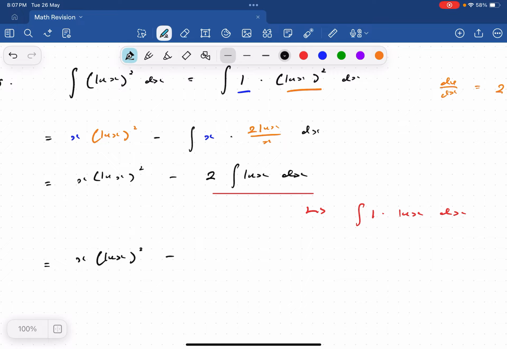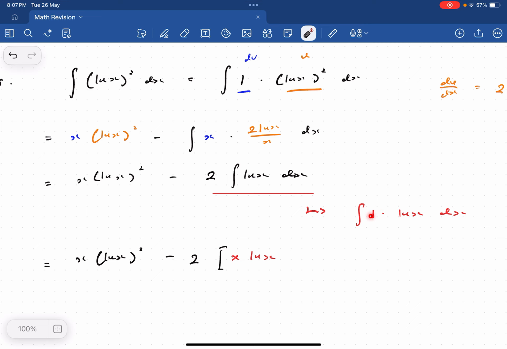So if I integrate ln x by integration by parts, this is going to actually be x ln x, because I integrate 1, I get x, I keep the ln x, minus, I just want to integrate x and then 1 over x.